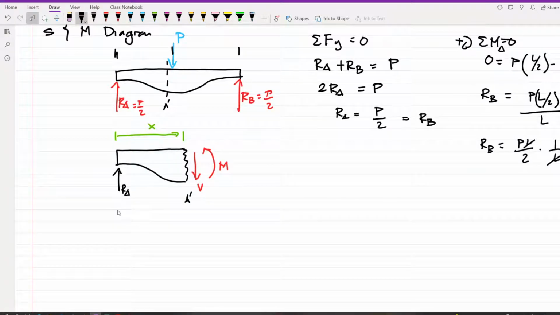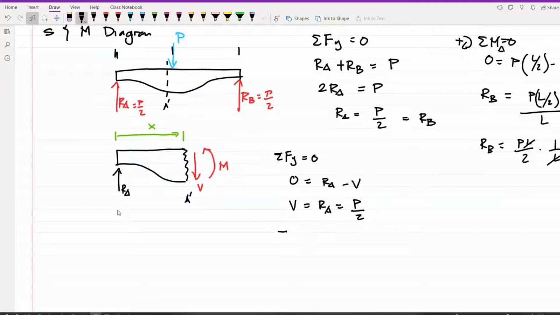Sige, V muna. Summation of forces along y is equal to 0. Bale, meron tayong 0 is equal to RA minus V. Ang V is equal to RA is equal to P over 2.